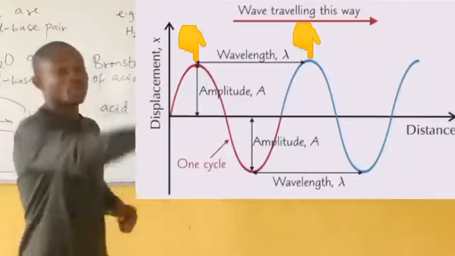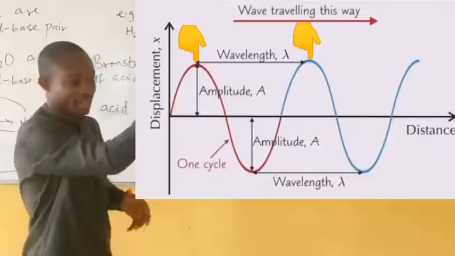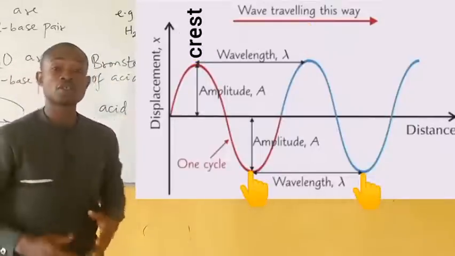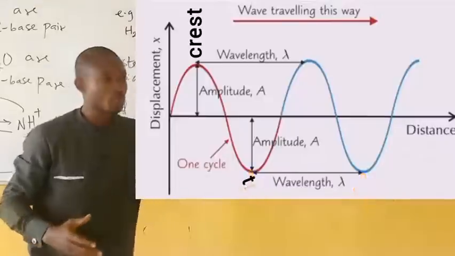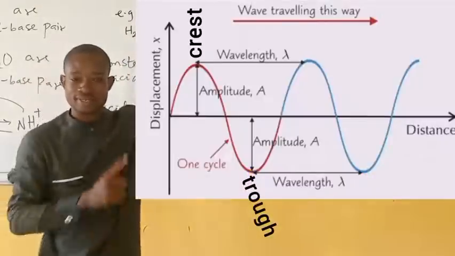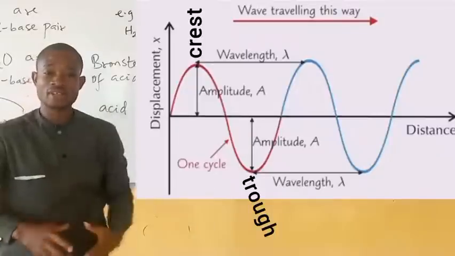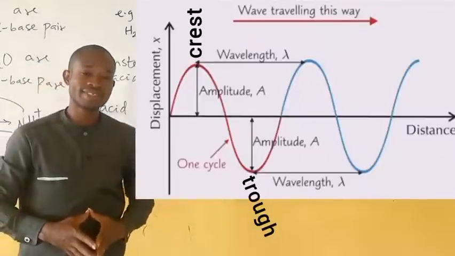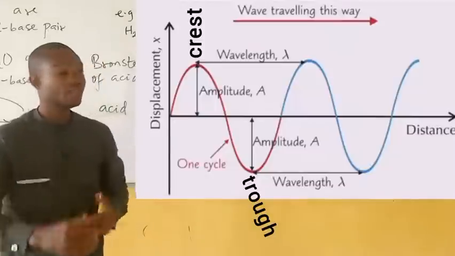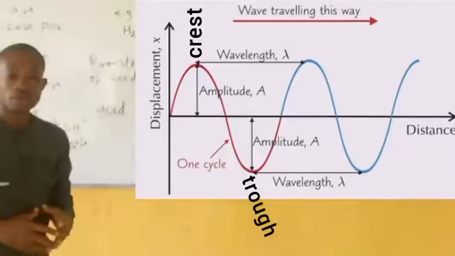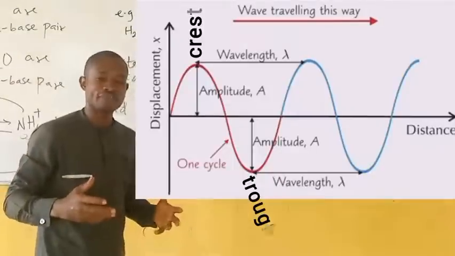Then the minimum point where the graph gets down and turns upward, that minimum point is called trough. So if you pick any two crests, the distance between them, the length from one crest to another crest, is what we call the wavelength. Or simply, the length from one trough to the next trough is what we call the wavelength of a wave.